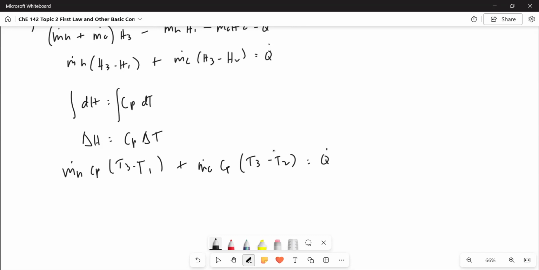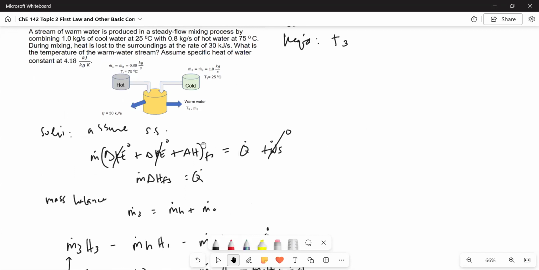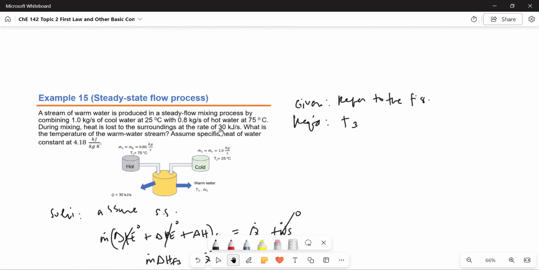So everything now is given, we have the values except for T3. Q is given, Q is negative 30. T1 and T2 are given. The mass flow rates are given.